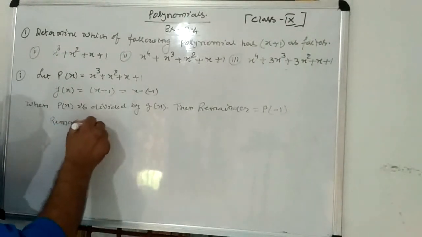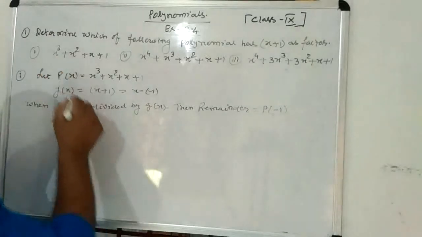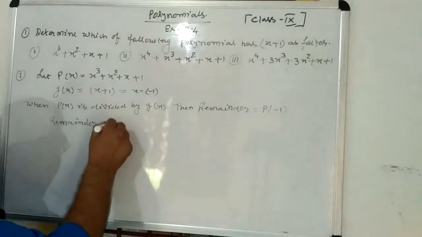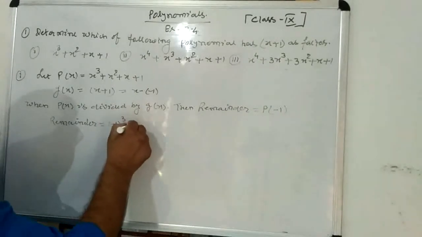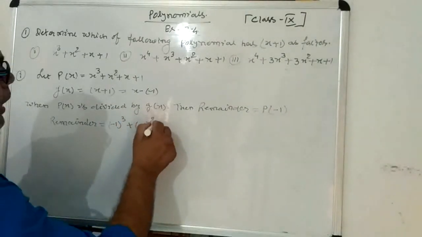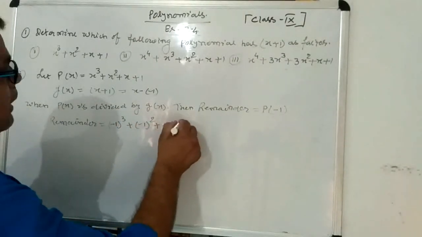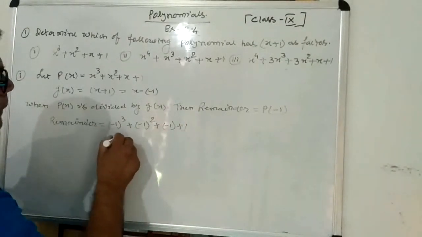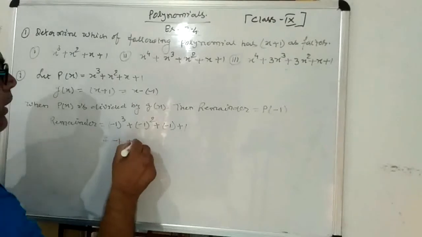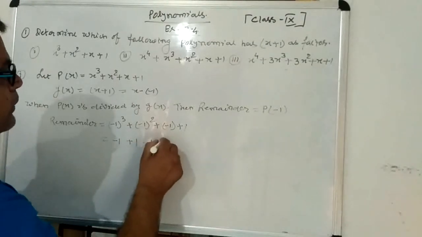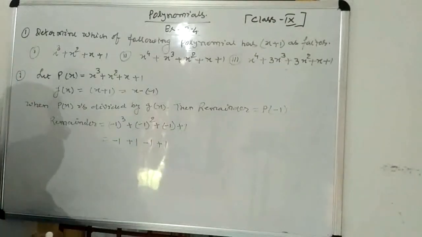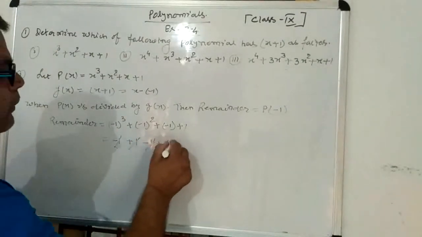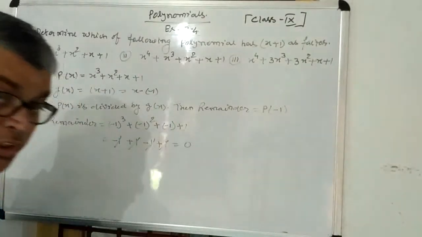So the remainder will be p of minus 1, meaning substitute minus 1 for x: minus 1 cube plus minus 1 square plus minus 1 plus 1, and simplify this. So it will be minus 1 plus 1 minus 1 plus 1, which will get cancelled and it becomes 0.